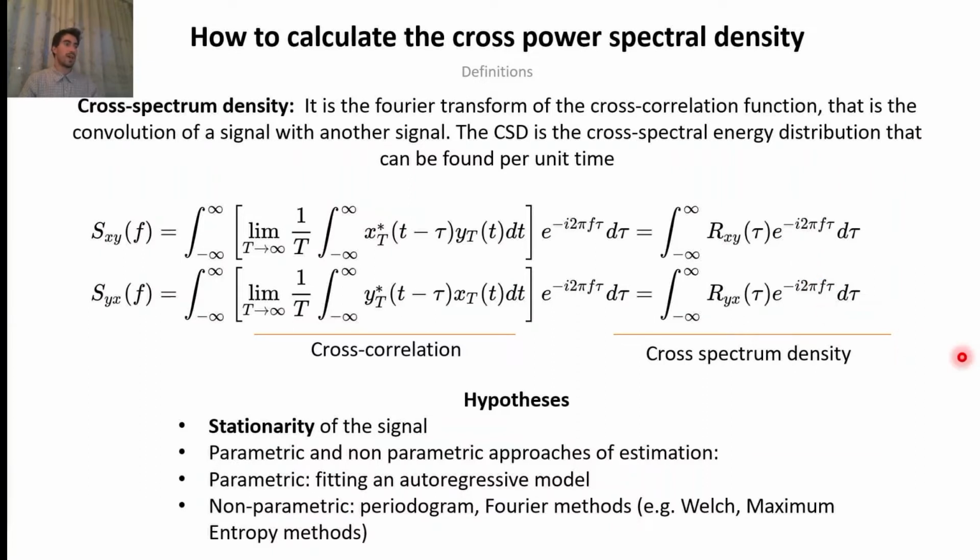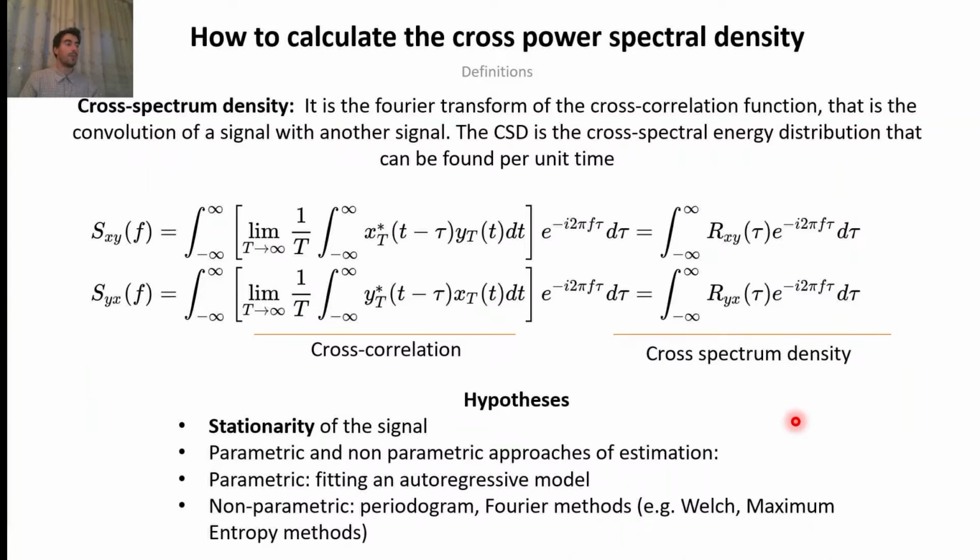Of course, there are some hypotheses that underlie this. First, you need to assume the stationarity of the signal. Then, you need to determine whether you want to calculate it parametrically or non-parametrically. If you want parametric methods, you need to fit an autoregressive model.